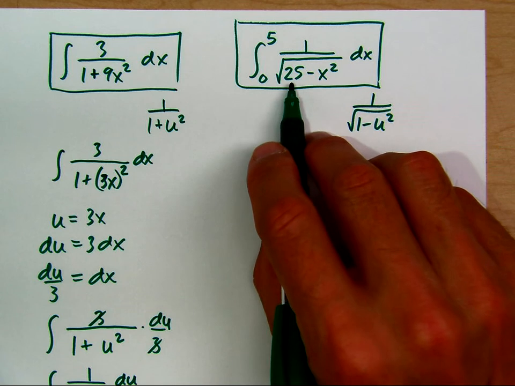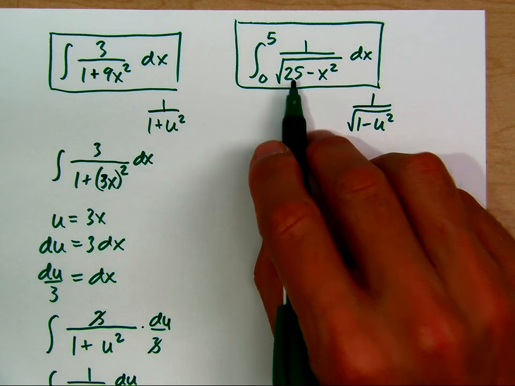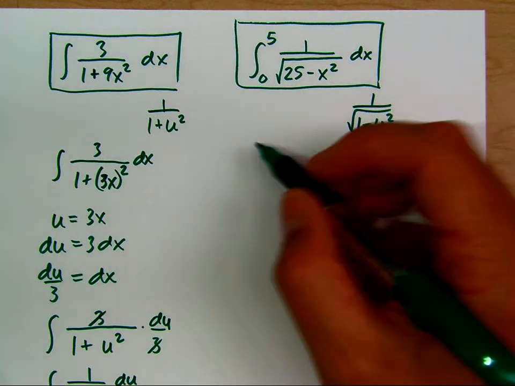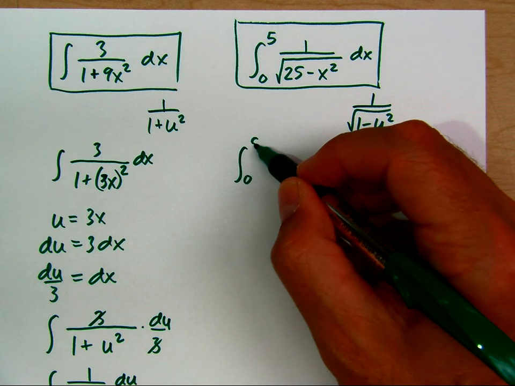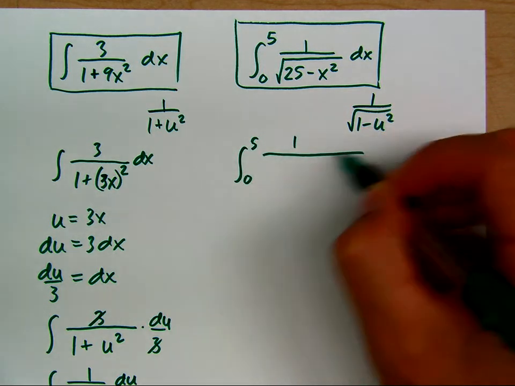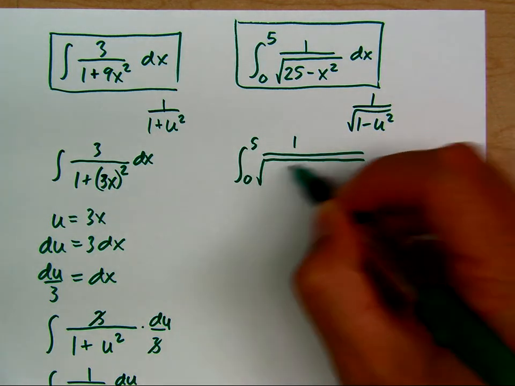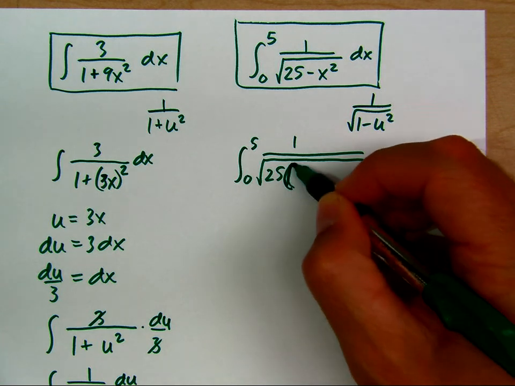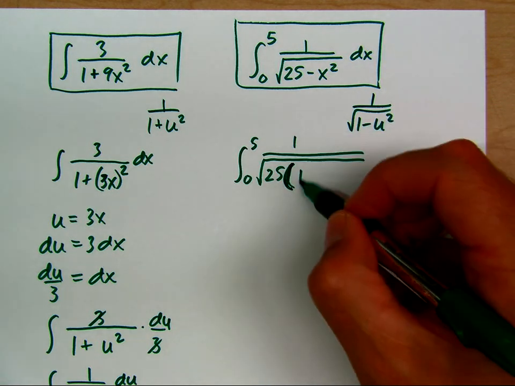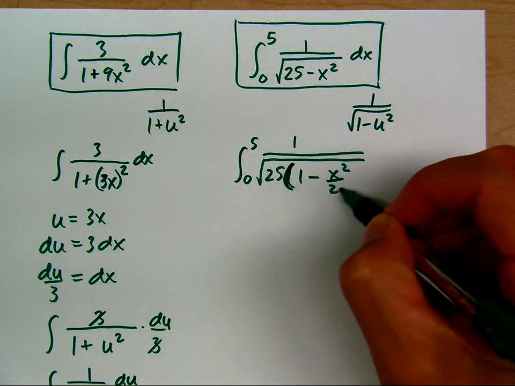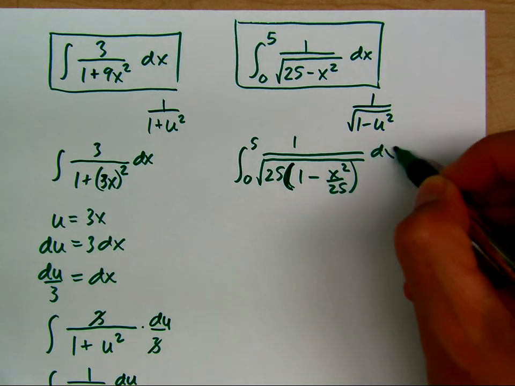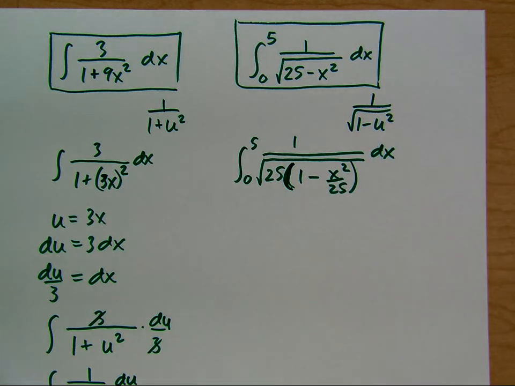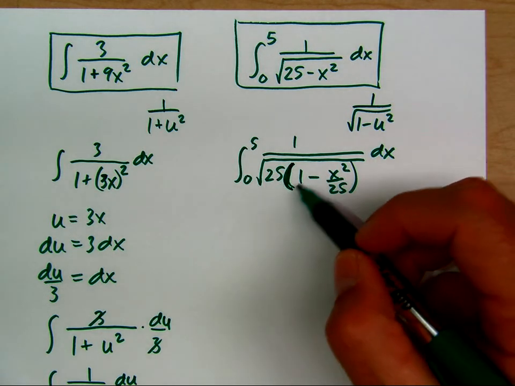So we don't have a 1. That means we have to factor out a 25. So 25 times (1 minus x squared over 25). If you distribute 25, you get 25.